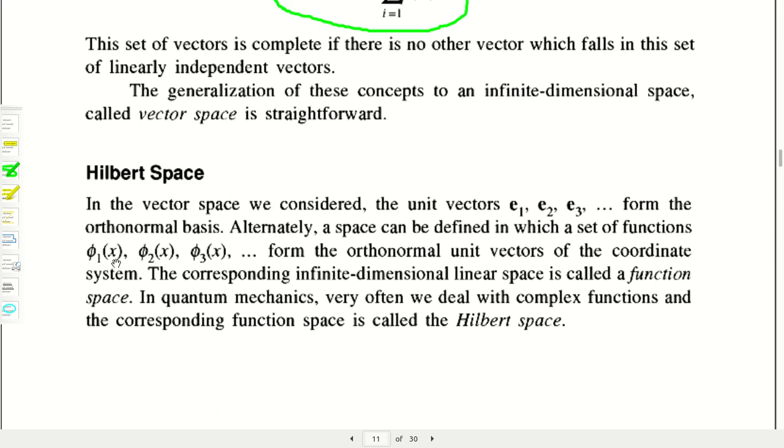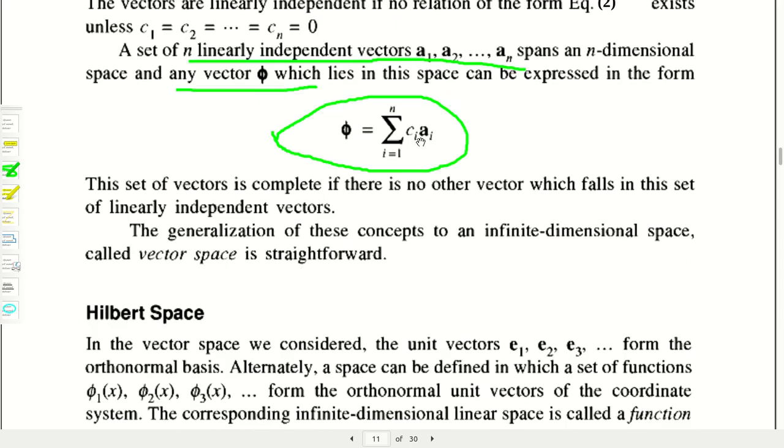So there can be found n number of functions which are orthonormal, just analogous to the orthonormal vectors in n-dimensional vector space, such that any other function can be written as the basis set expansion of those phi 1, phi 2, phi 3, just like this formula. Replace a1 by phi 1, and any function f can be written as the basis set expansion over phi's.